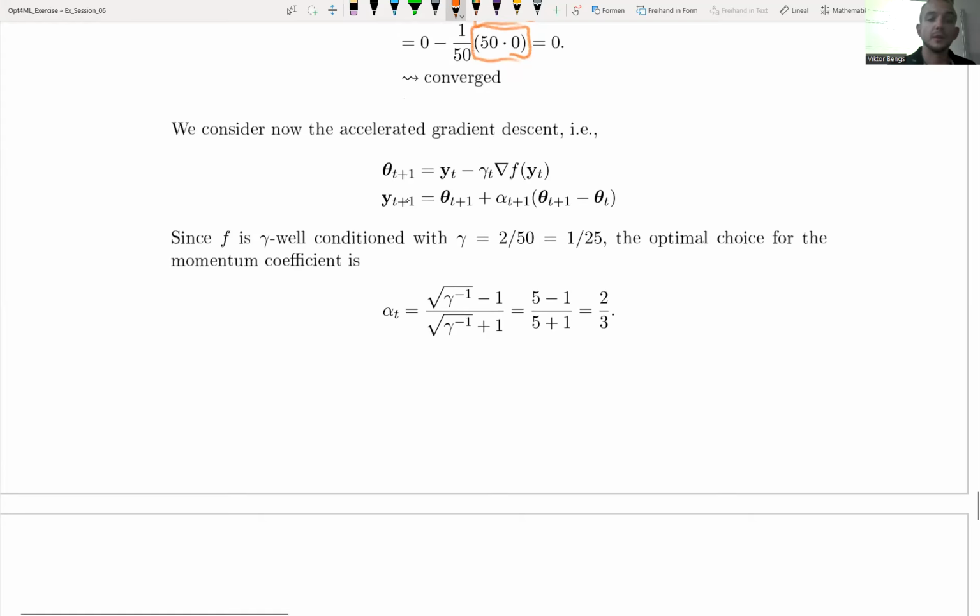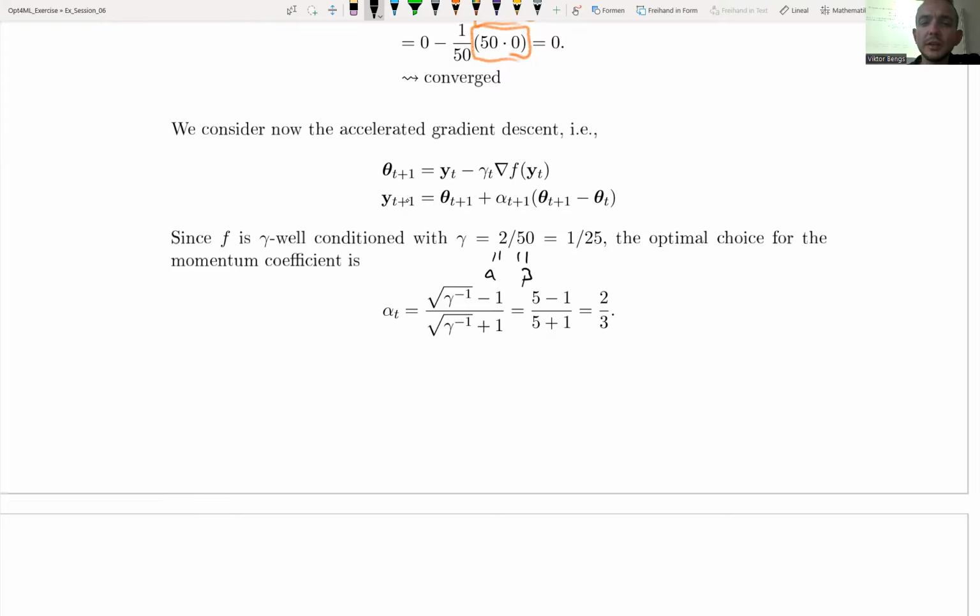Now we have shown more or less that this function is well conditioned. We have shown it's strongly convex, it's beta smooth, so it's well conditioned if it's both at the same time. What's the well-conditioning parameter then? Well, it's alpha divided by beta. We have shown alpha is equal to this, this is our beta, so gamma is 1/25. So the optimal choice for the momentum coefficient is the well-conditioning number inverted.